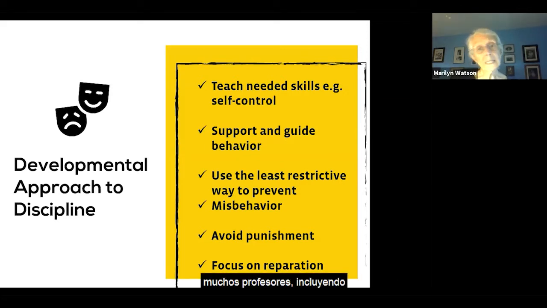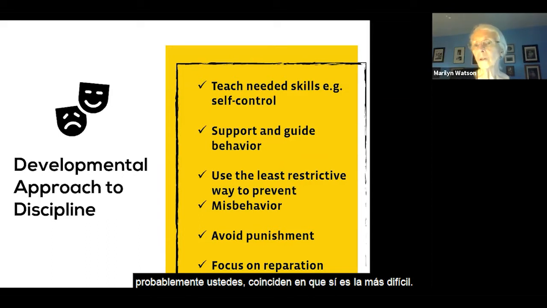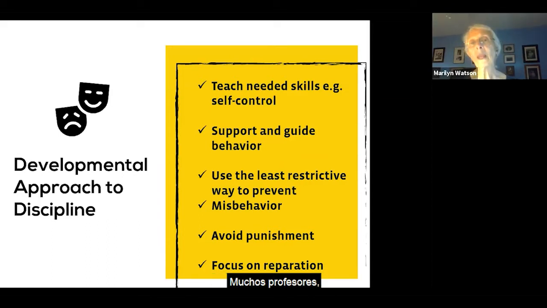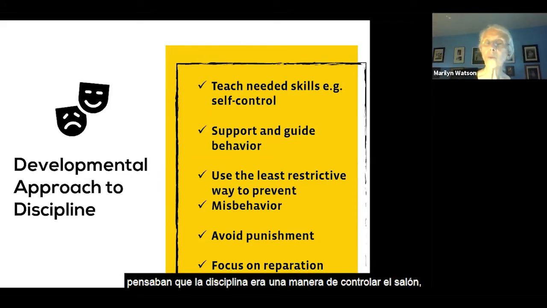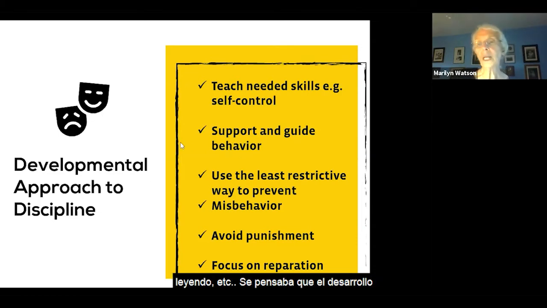And for many teachers, and I suspect in your situation that's also true, many teachers thought of discipline as a way to control the classroom and control the students, particularly the antsy, nasty little kids, in order to go through the curriculum and really get the kids doing their math and carefully reading, etc. So the idea of actually teaching moral development was simply not part of the schools.